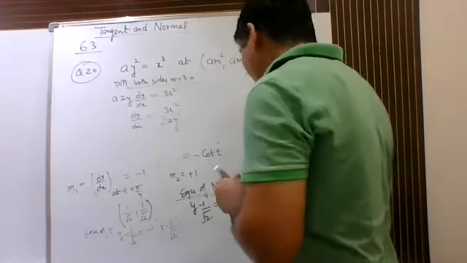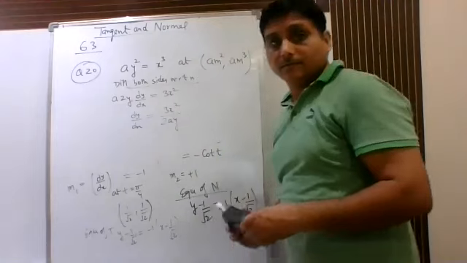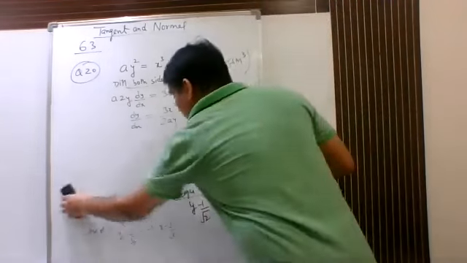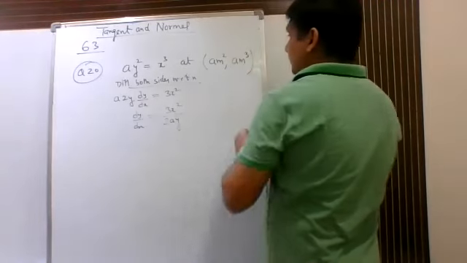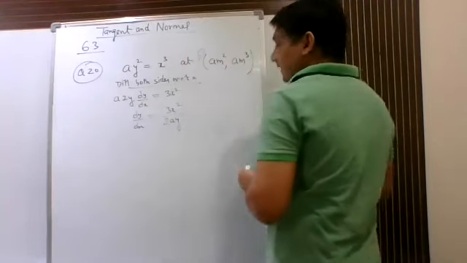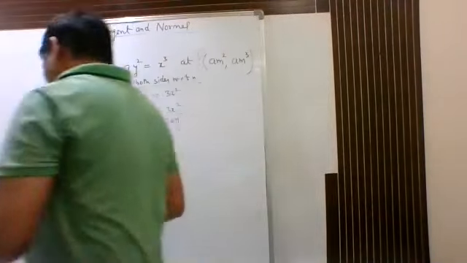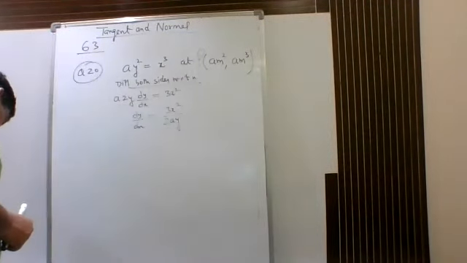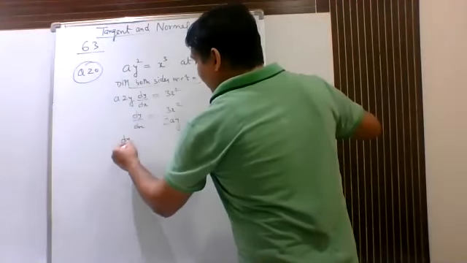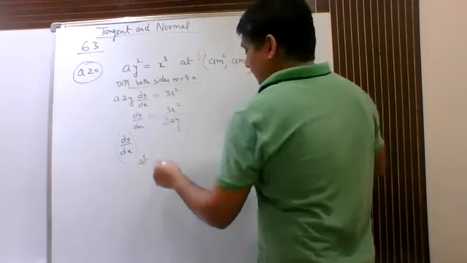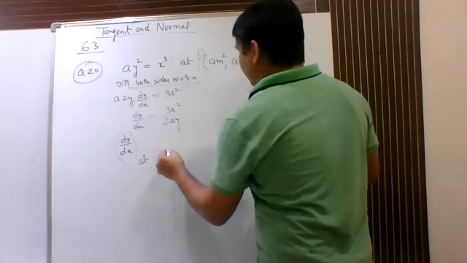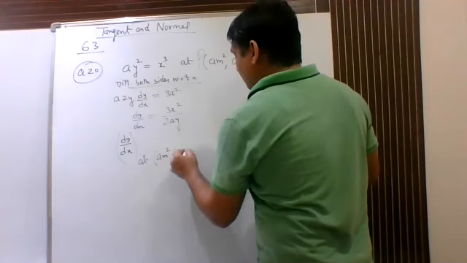This represents the slope of the tangent at any arbitrary point. Now we are interested in this specific point. So this is the specific point. Let us call it by some symbol p. Now you will find dy upon dx at this point.